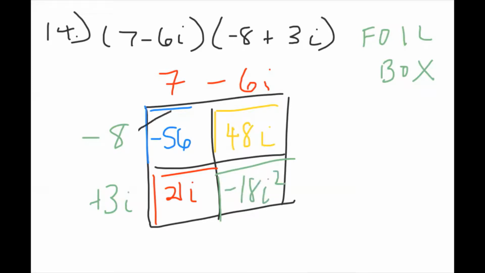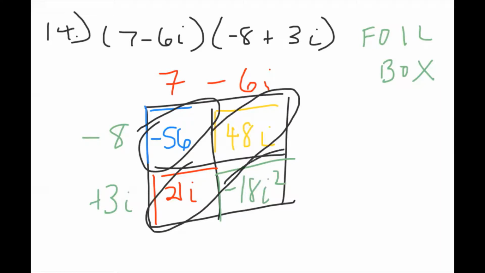In the box, you should be able to combine the terms that are along the diagonals. So that means that they should be alike. For example, -56 is in a diagonal by itself, which means it's just -56. 48i and 21i are the same, and that's actually going to give me 69i when I add them together.